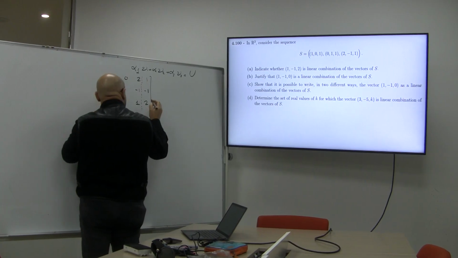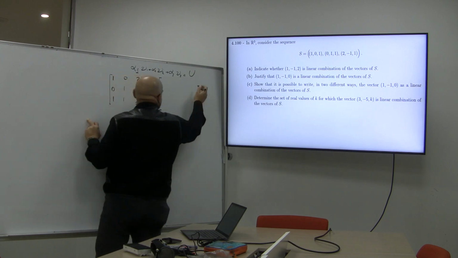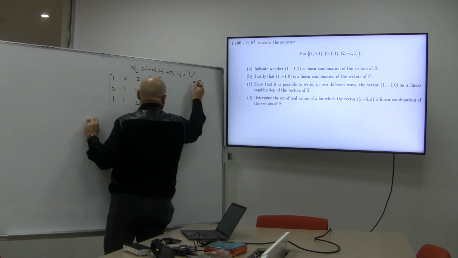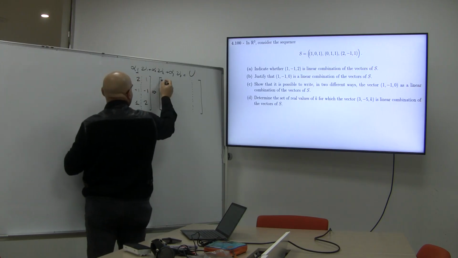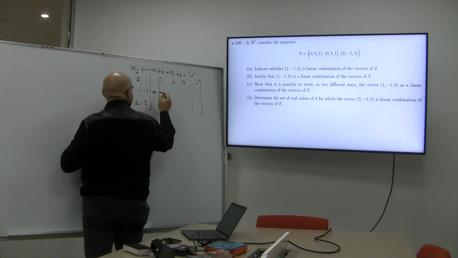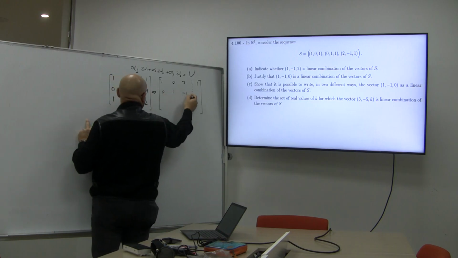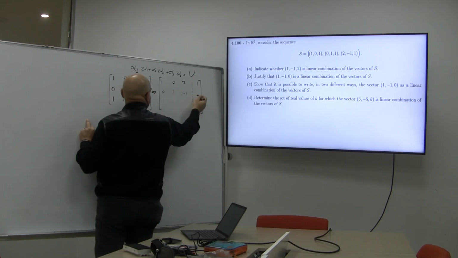Then I will try to get the reduced echelon form, or solve using Gauss-Jordan as we usually do. I write the first row as it is, which is 1, 0, 2, 1, 1. The second row is already very nice, which starts as 1, 0, 1, negative 1, and negative 1.